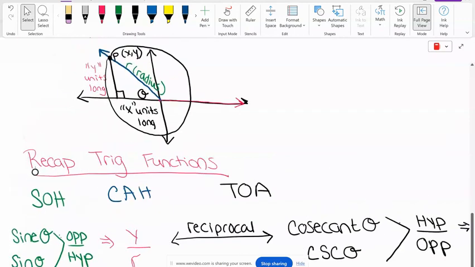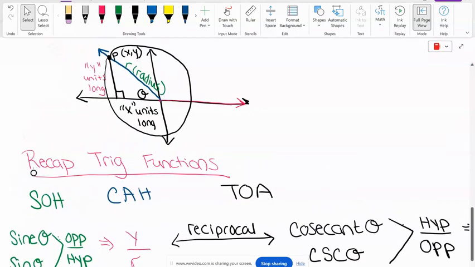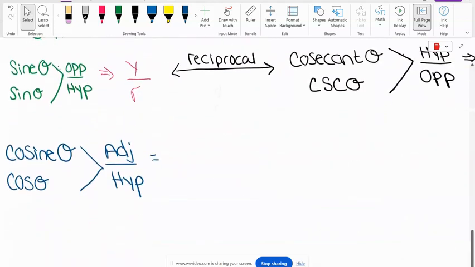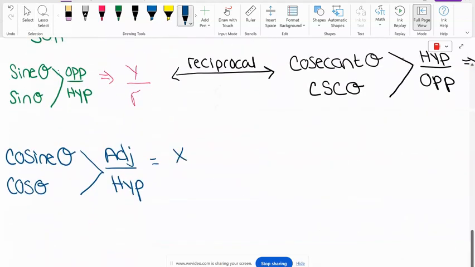Go back to our right triangle. Everything's in reference to theta. Which variable did I use to represent the adjacent? Here's theta. We have x, y, and r. X, you got it. So it's going to be x over the hypotenuse, which we said was r.